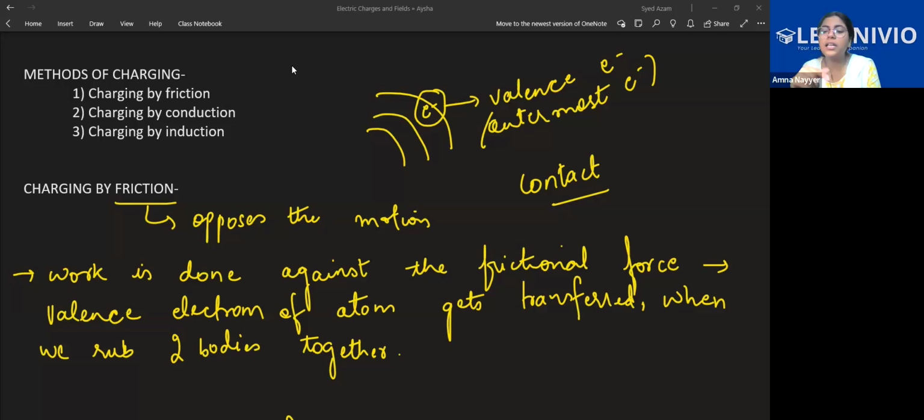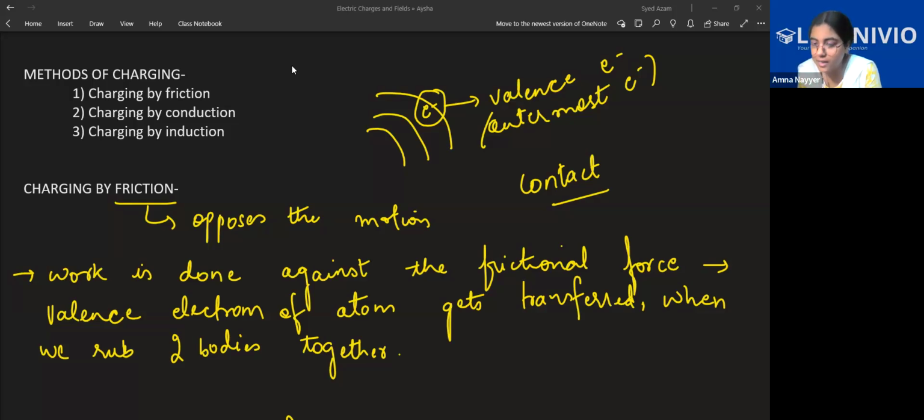Because irregularities will be present, the bodies get in contact and when they oppose each other, motion is generated, and because of this a frictional force is present. The work done to overcome this frictional force allows the electron to get transferred. Now this is just a statement, and that's what is there in charging by friction.